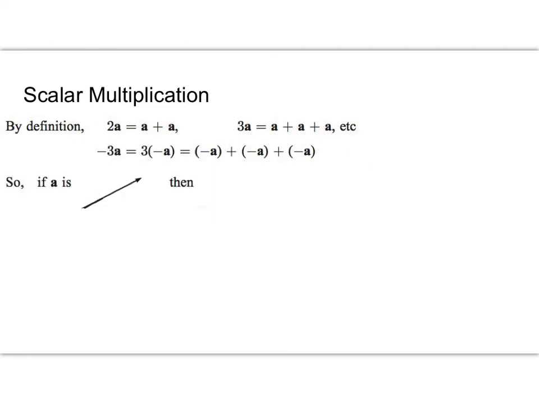So if a is this vector here, then a plus a, or 2a, is going to be a vector going in the same direction as that vector, but twice as long. Just like that. That's a better drawing.